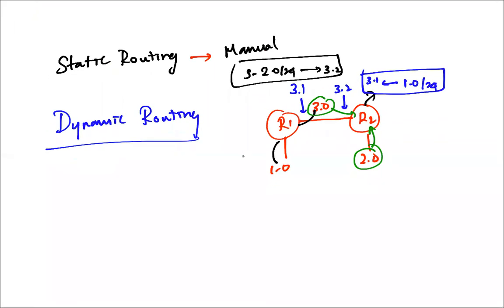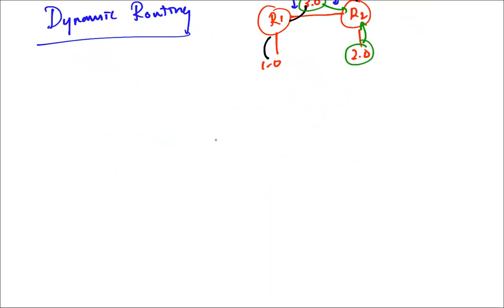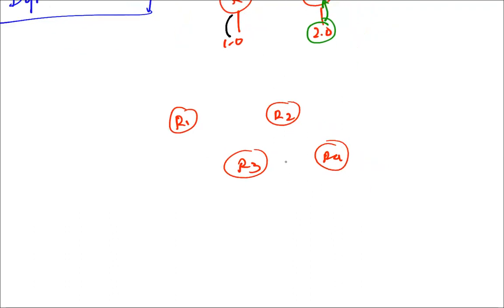The same static routing that you do with two routers, can you do that with, let's say, 100 routers: R1, R2, R3, R4? I'm not going to write all 100 routers, so assume you have router number 99 and router number 100.